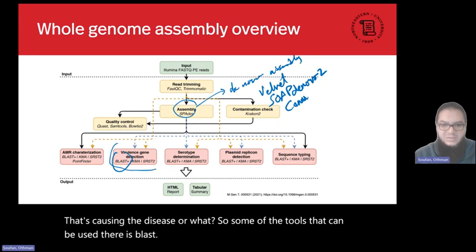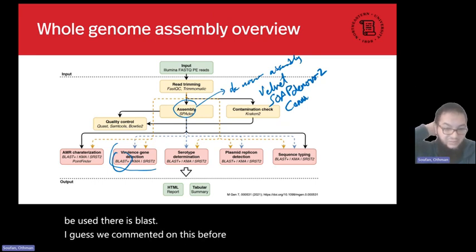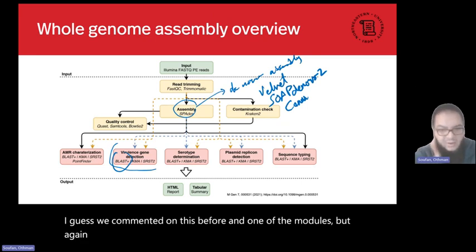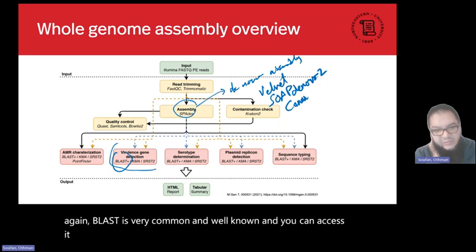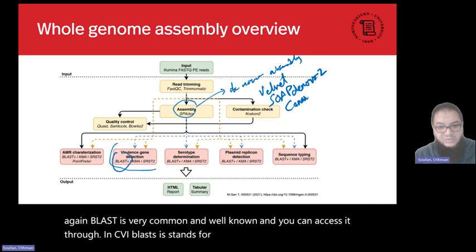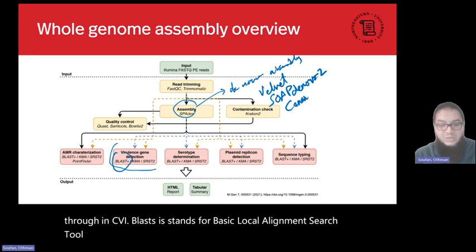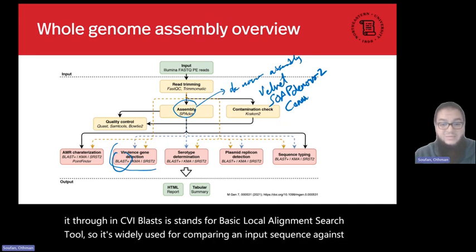I guess we commented on this before in one of the modules, but again, BLAST is very common and well known, and you can access it through NCBI. BLAST stands for Basic Local Alignment Search Tool. It's widely used for comparing an input sequence against a database of sequences.